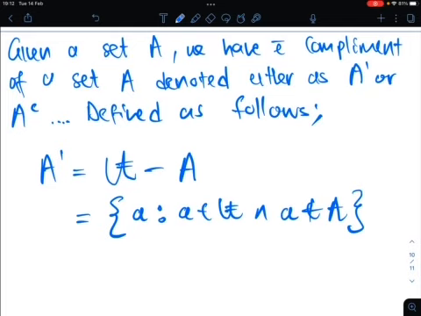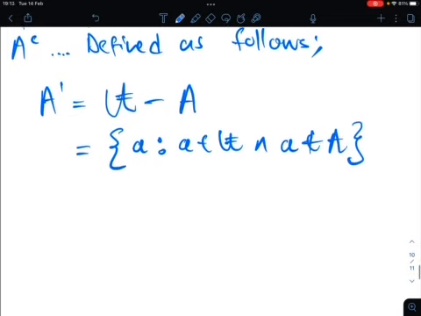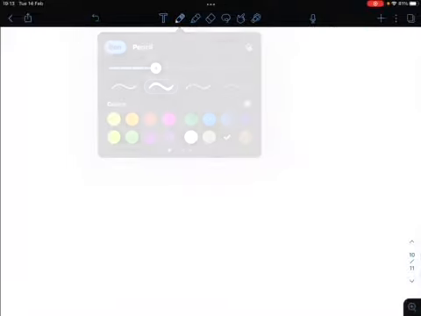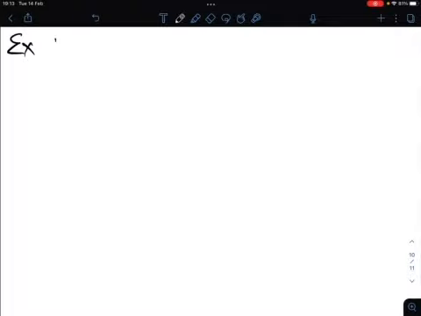But in order for us to understand how things work, let's look at a particular example in which we can practice this. A typical example that you can find would be something like this.